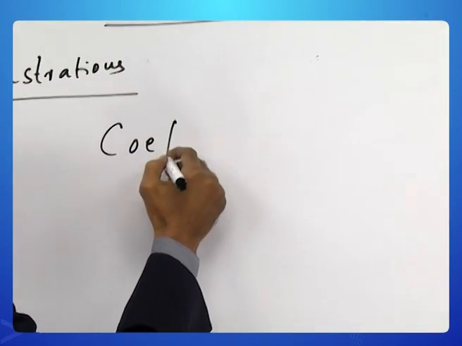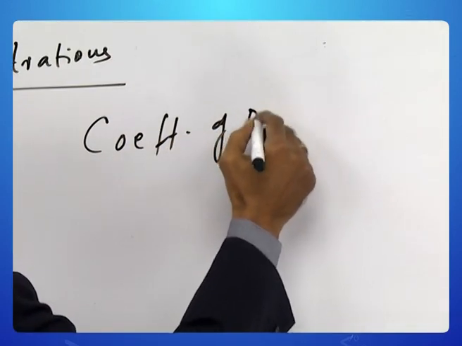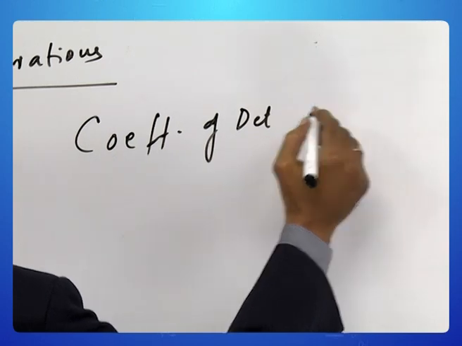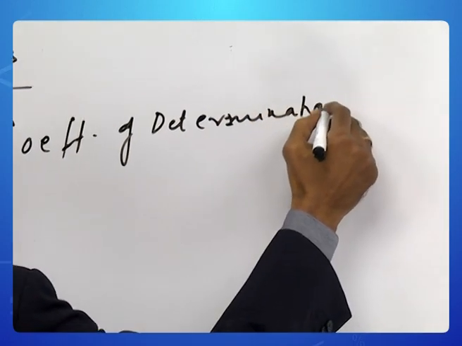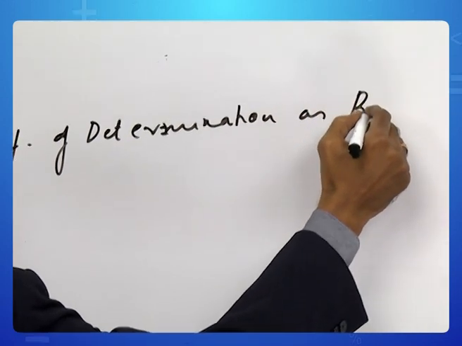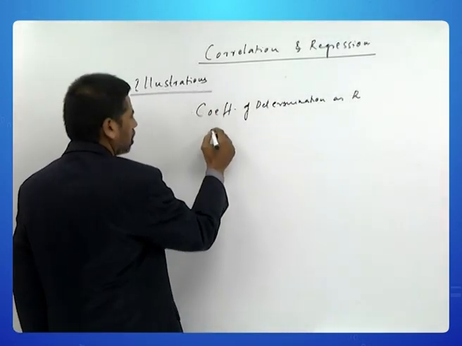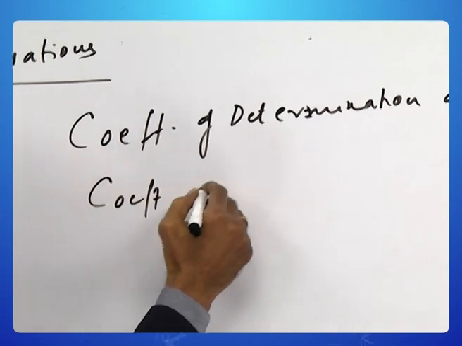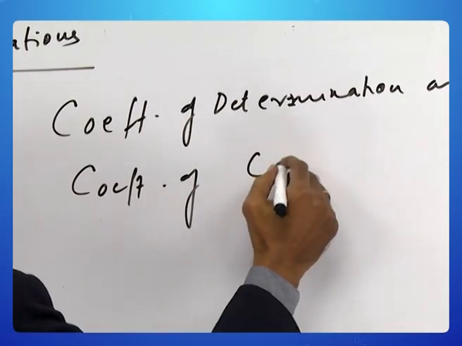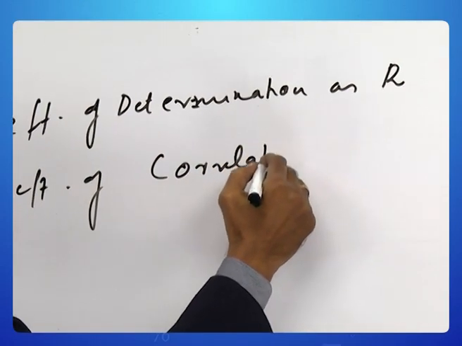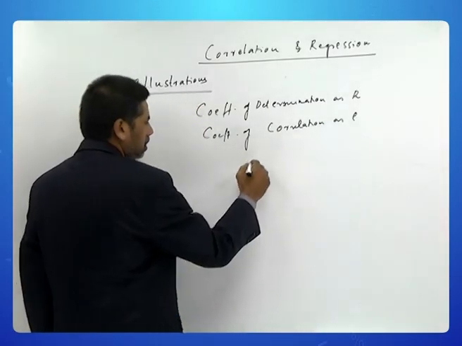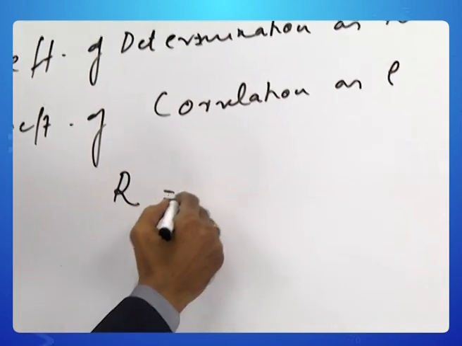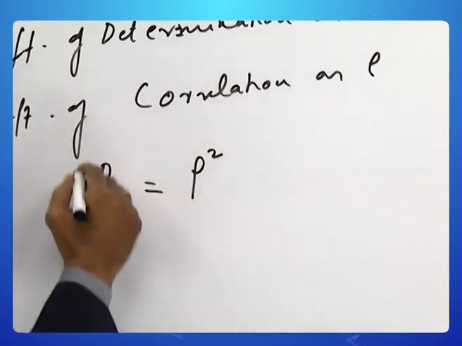So if you assume coefficient of determination as capital R, coefficient of correlation as rho, then the coefficient of determination is square of the correlation coefficient.